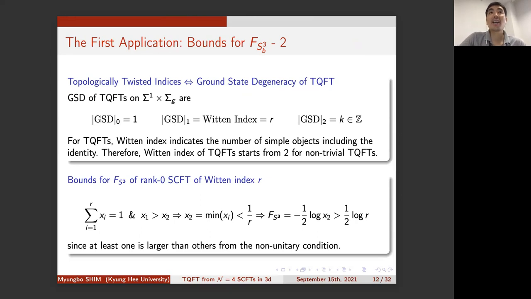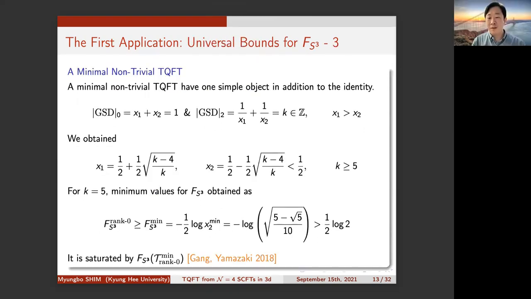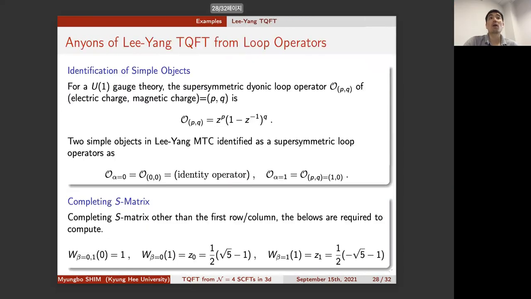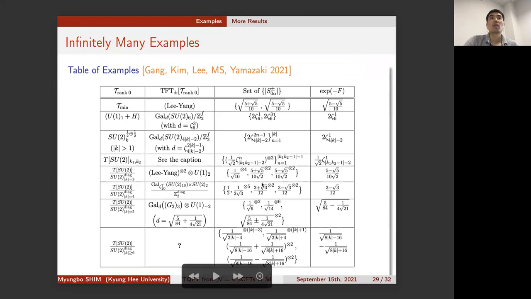Did you try? It seems like you use supersymmetry enhancement. You turn on a Chern-Simons term, right? Yes. Then you use the supersymmetry enhancement to N=4. That's why I think this sum over Bethe vacua works.